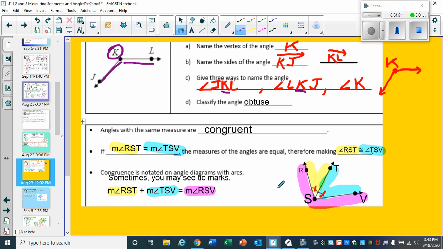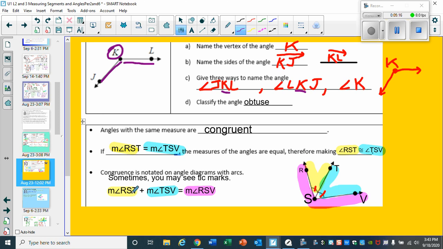And sometimes you might see hash marks as well. That's fine. Now, this is going to lead us to where the measure of RST plus the measure of TSV is going to give us the overall measurement for RSV. So RST plus TSV gives us RSV.